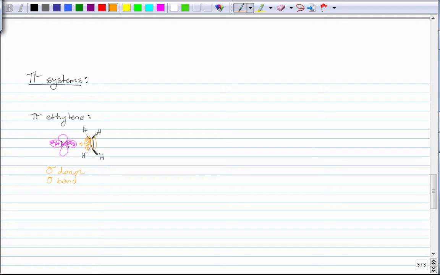Pi ethylene can also act as a pi acceptor. The LUMO on pi ethylene might look something like this. And a metal d orbital of compatible symmetry can donate electron density into this empty LUMO.